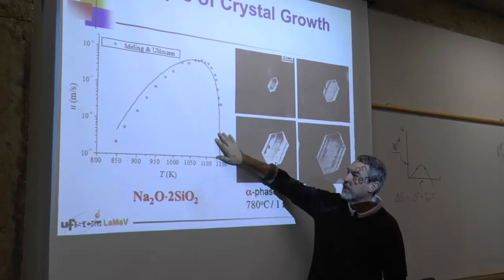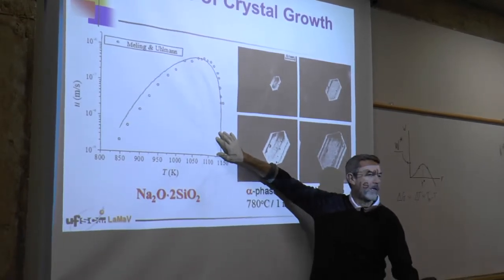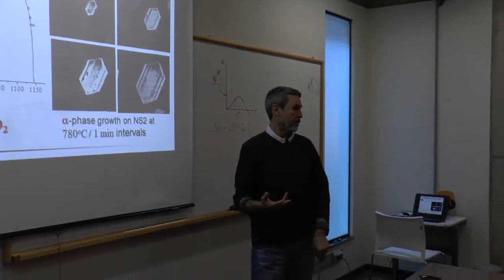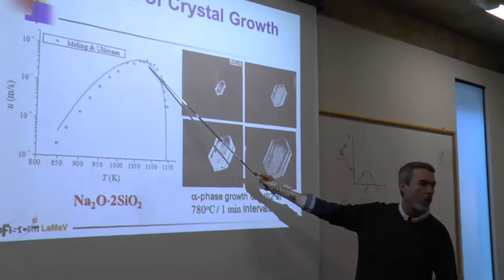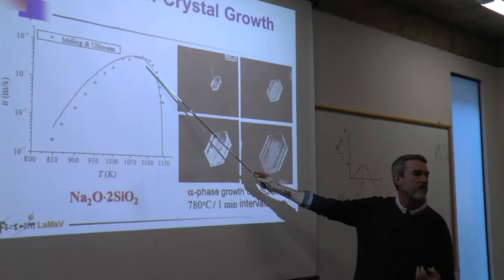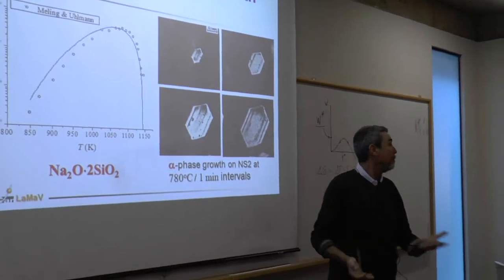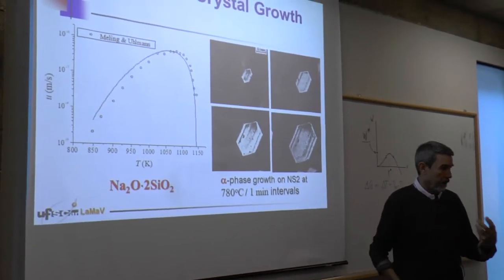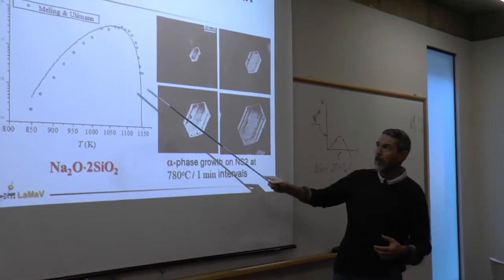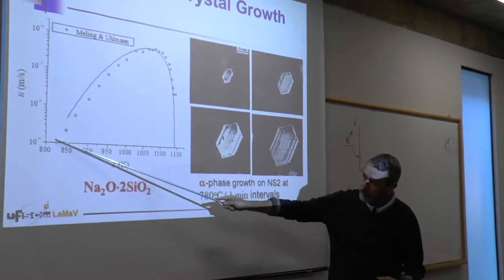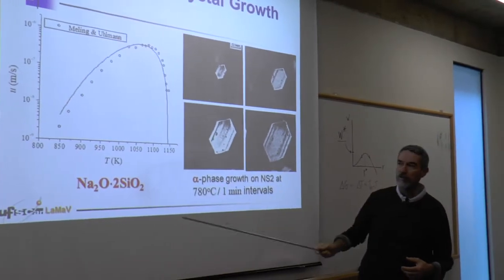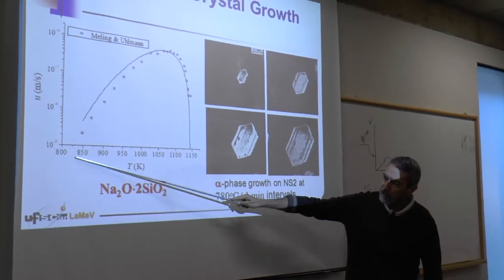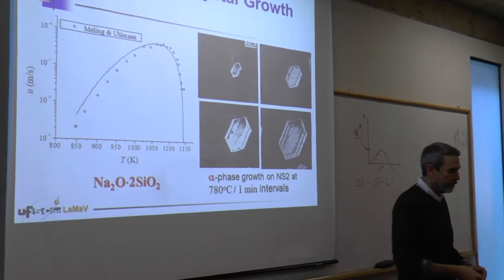So there is a range here where it's impossible to measure because it's so slow that it takes a long time to measure. And for other systems, the growth rates can be so high at the maximum that it's also not possible to measure. So it depends on the system. For this particular sodium disilicate supercooled liquid, it was possible to measure in a wide range of temperature, from a little bit below the melting point towards the glass transition temperature or so.